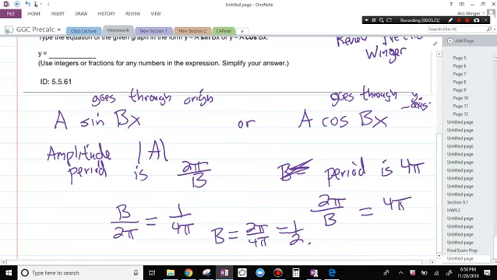From what I recall, I think they just ask you for the period and the amplitude. Let's look it up. Questions about that? Is the problem going to look like that though? It is not.